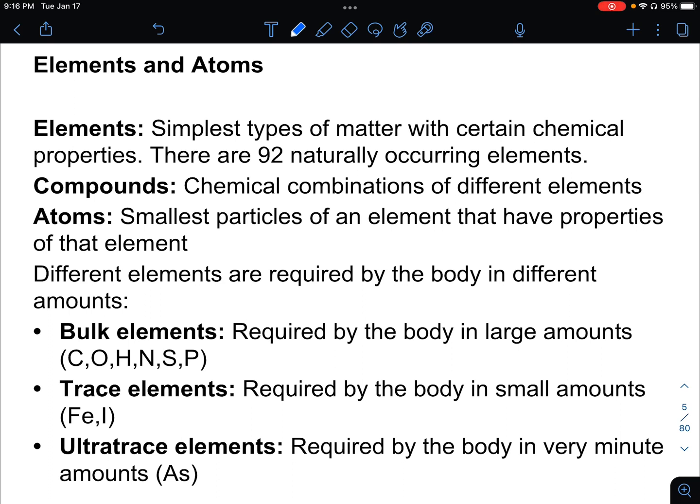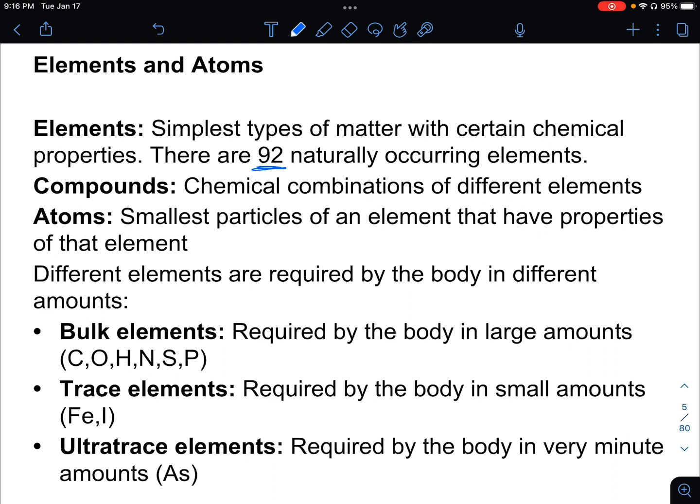So we've said a little bit about elements. An element is going to be the simplest type of matter with certain chemical properties. There are 92 naturally occurring elements. If we look at our periodic table, the element with the atomic number of 92 is the last of the naturally occurring elements, everything that occurs naturally in Mother Nature.